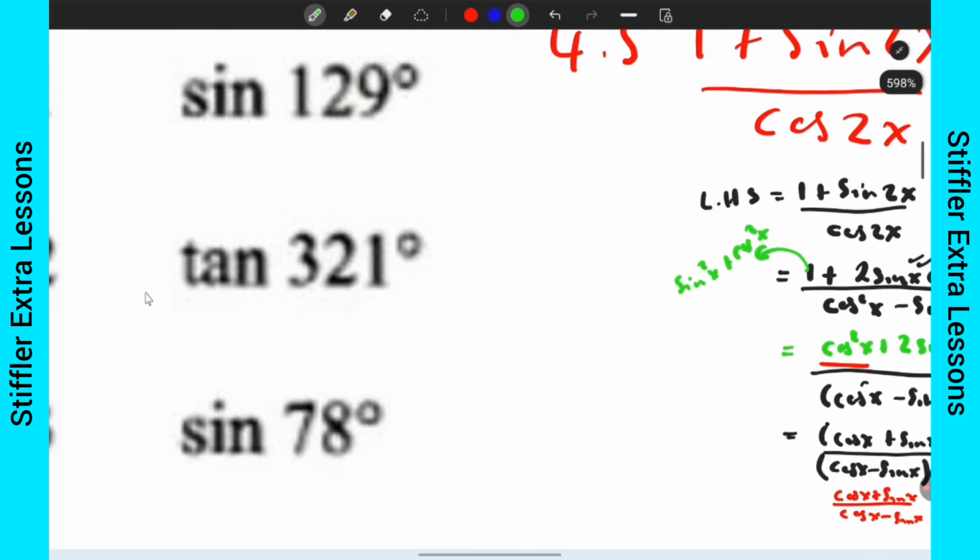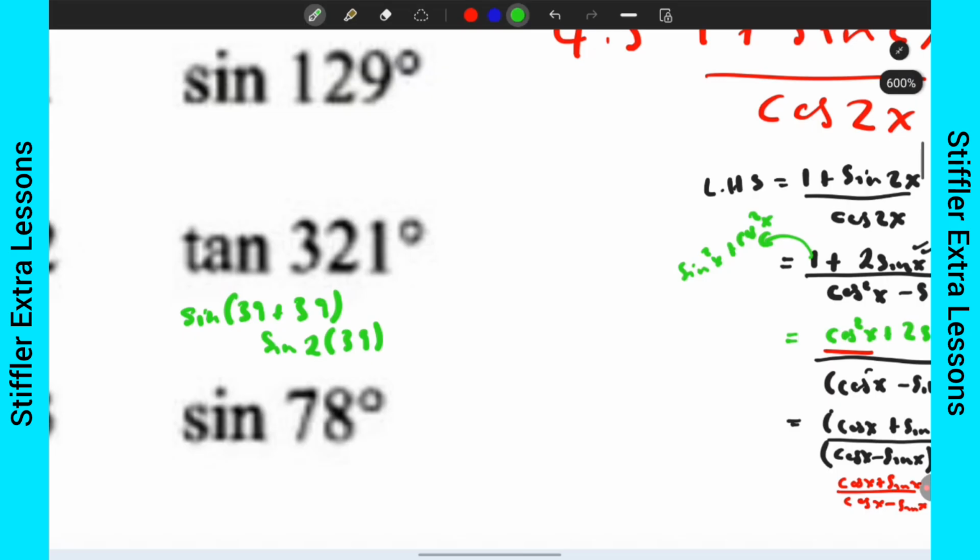But however, if we add 39 plus 39, we get 78. So this can be sine of 39 plus 39. So this will be the double angle now. So this will be sine 2 multiplied by 39.